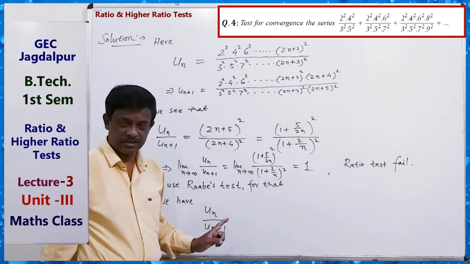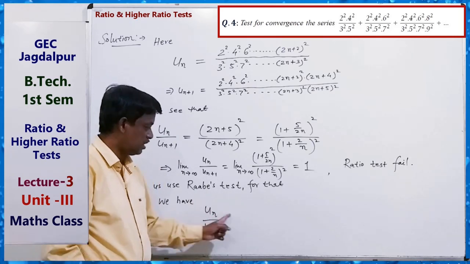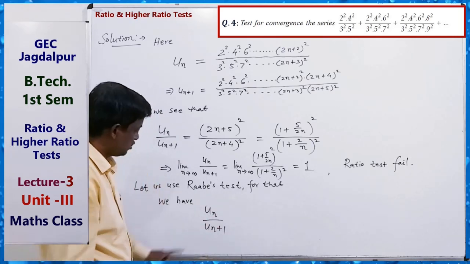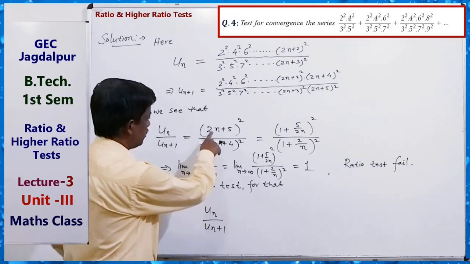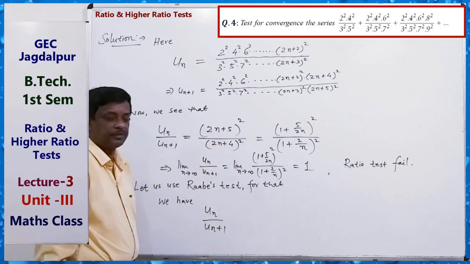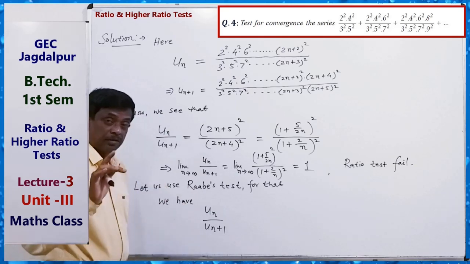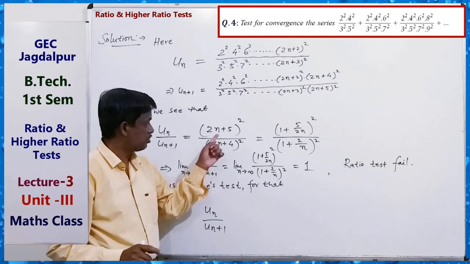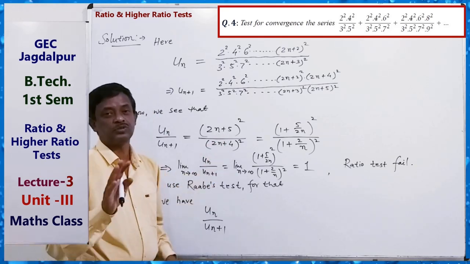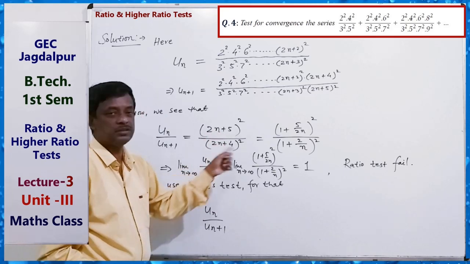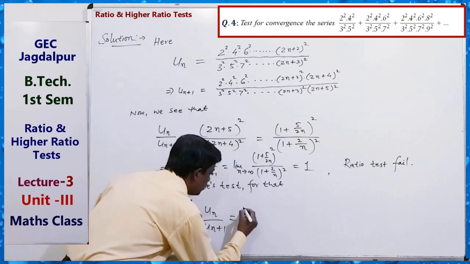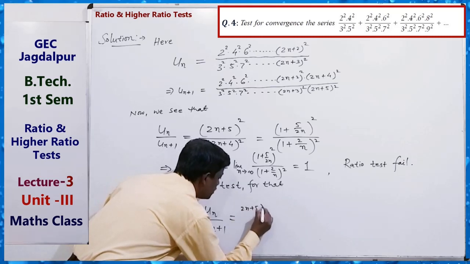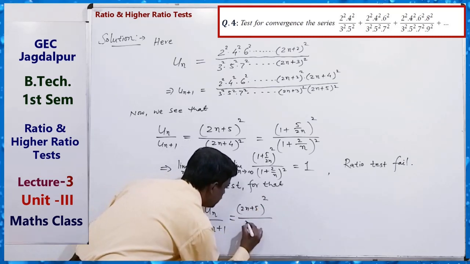For Raabe's test, this minus 1, into n. Now we have to subtract 1 from here, that's why we are breaking this square. 2n plus 5 square upon 2n plus 4 square.